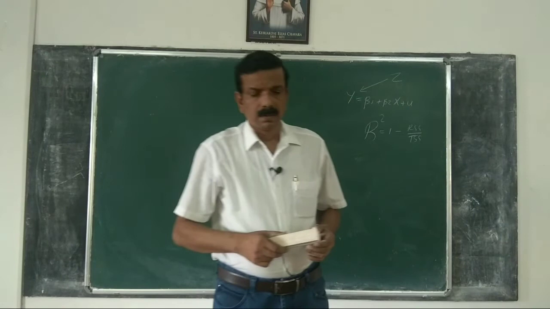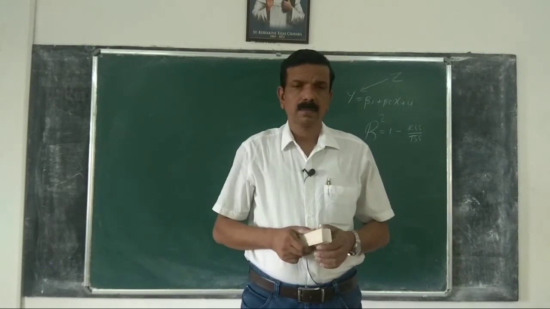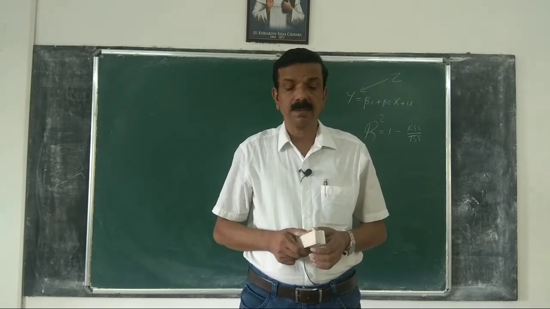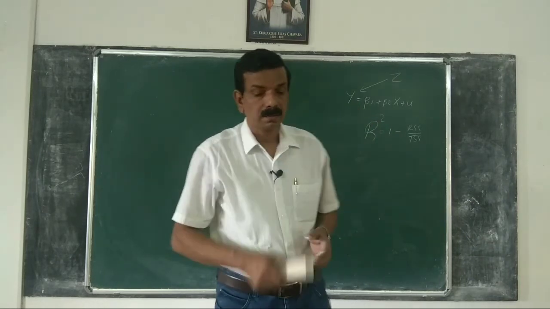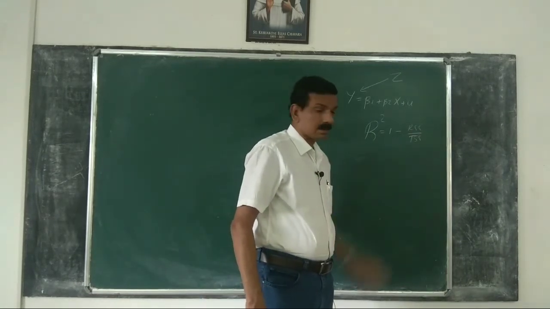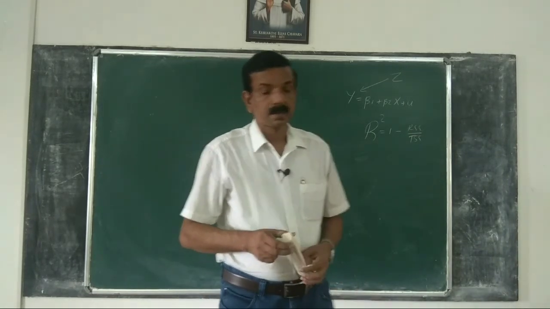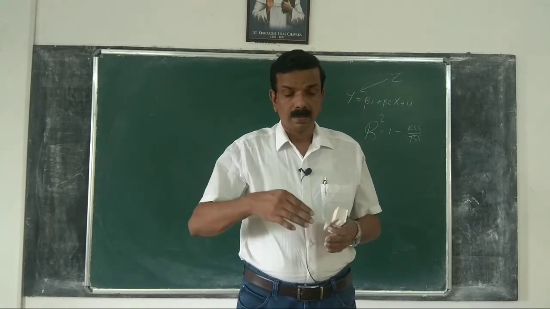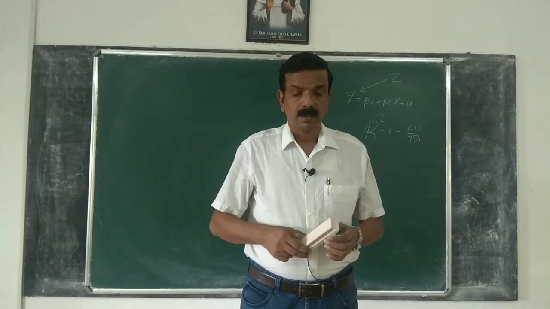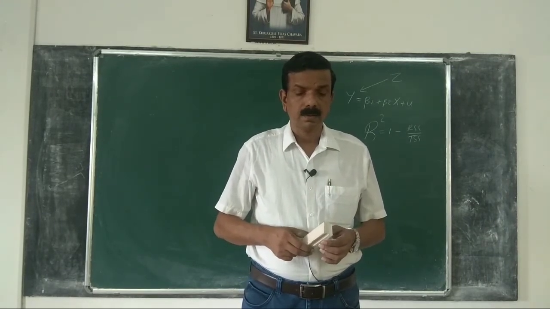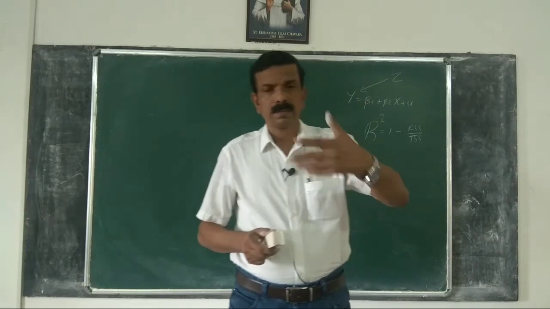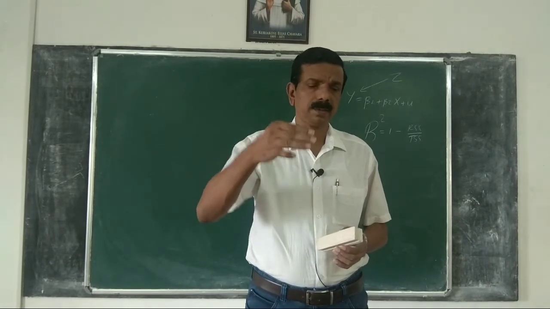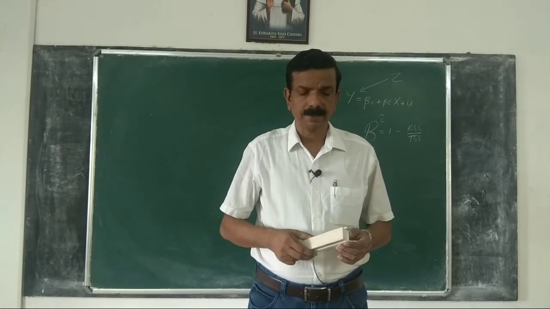Now, unlike OLS, R square from the instrumental variable method of estimation can be negative, because this RSS can be greater than what is known as TSS. So there is a possibility that R square obtained from the instrumental variable method of estimation can be negative.